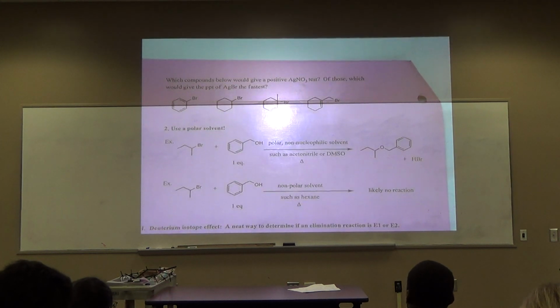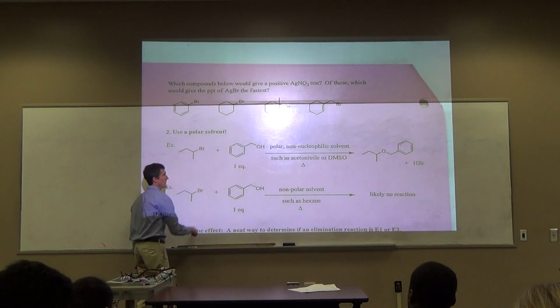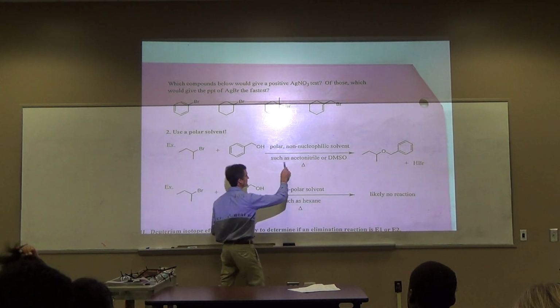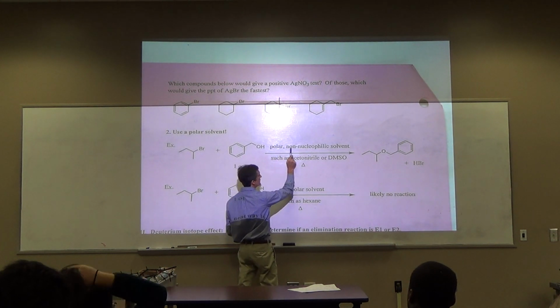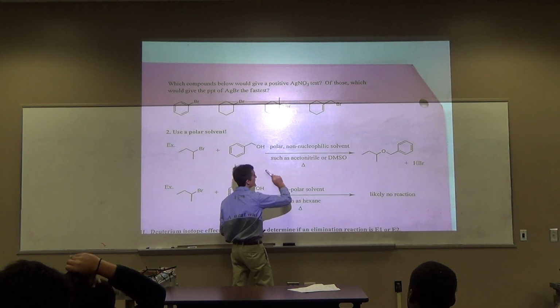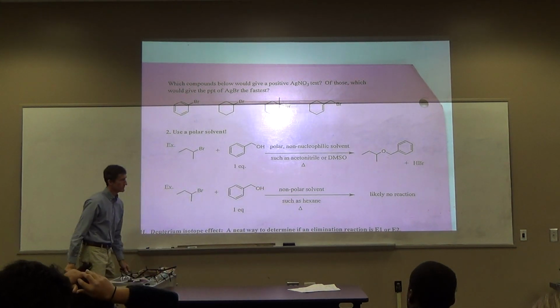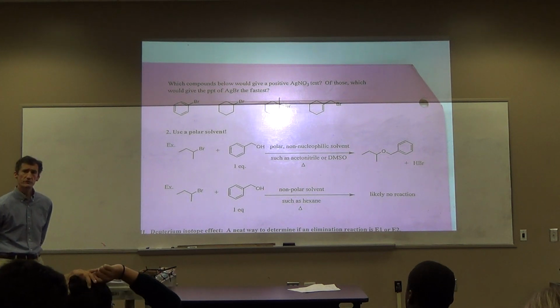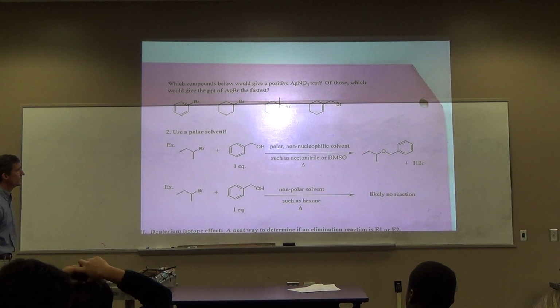Polar solvent, look at these 2 examples. If you take this alkyl bromide with this alcohol and heat it in a polar, non-nucleophilic solvent such as acetonitrile or DMSO, you can look these structures up. These are 2 very common polar non-nucleophilic solvents. They're also aprotic.